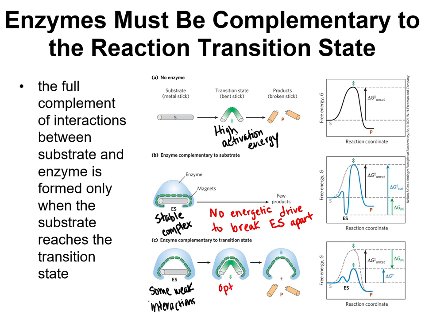So that's what's happening here. We optimize the ES interactions. And what that looks like is the transition state. You've got bonds in the process of breaking, bonds in the process of forming. And then finally, you roll downhill to make product.